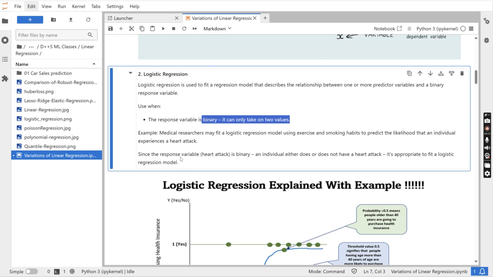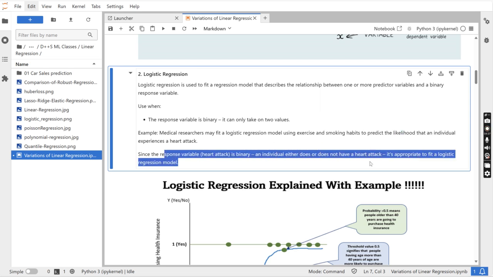We will see how this works out. But just to give you an example, a researcher might fit a logistic regression model to predict the smoking habits of an individual who might get a heart attack. Basically, heart attack versus smoking is what is being predicted. So that would become a classical classification problem.